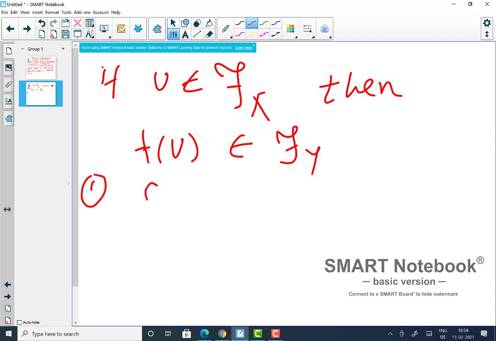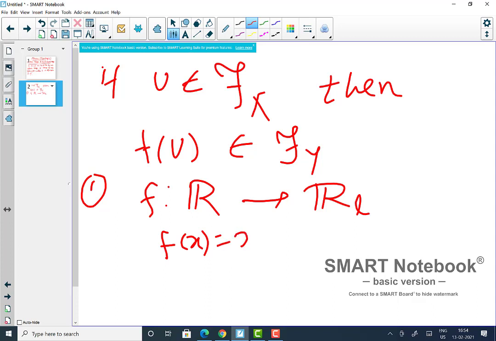You choose a function from R with the usual topology to R_L, the lower limit topology. So you know the meaning of R_L. The open sets are unions of the basis elements, and the basis elements are of the form closed a, open b. Define f of x equal to x, the identity. This is an open map.